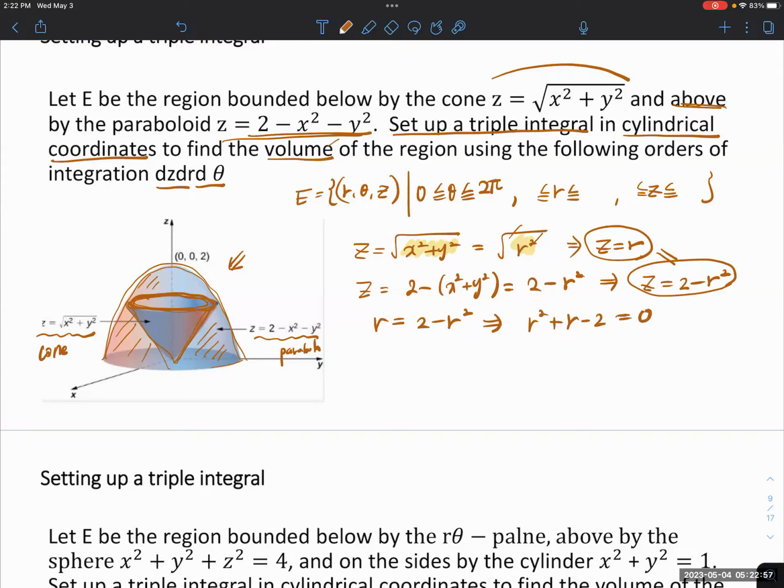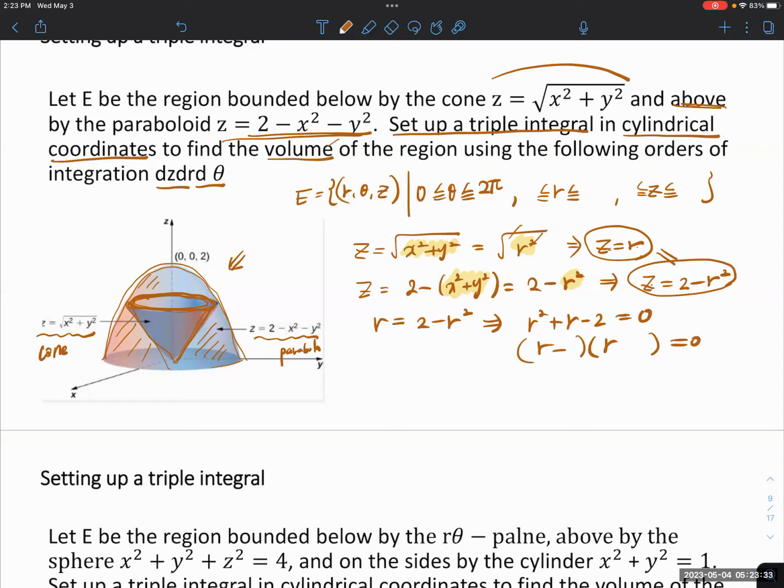Are you guys following what I'm doing here? I'm not creating anything new. x squared plus y squared equals r squared. From the first equation, I found z equals r. From the second equation, z equals 2 minus x squared minus y squared, so we got z equals 2 minus r squared. So that means both are z, so r is equal to 2 minus r squared. Oh, we can find the factor.